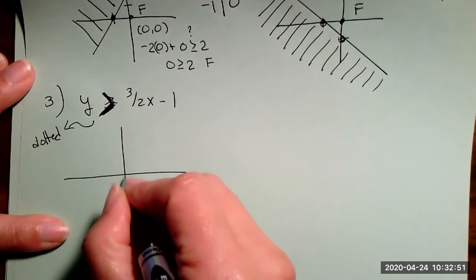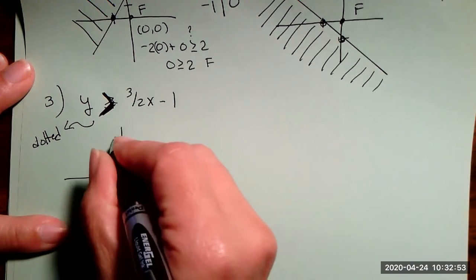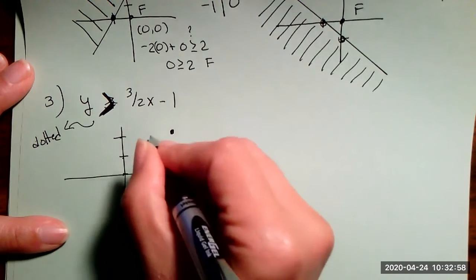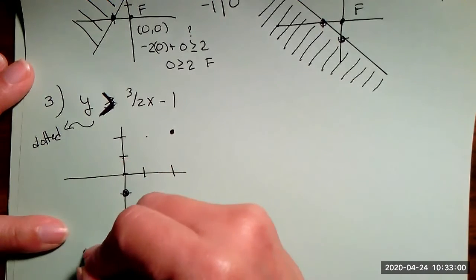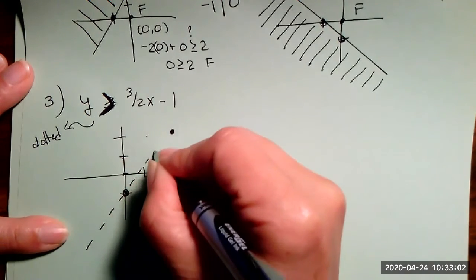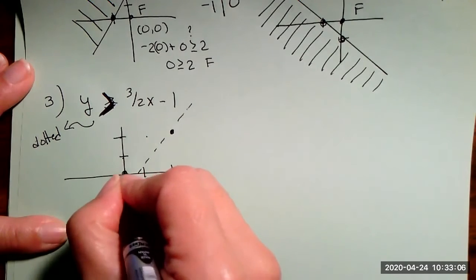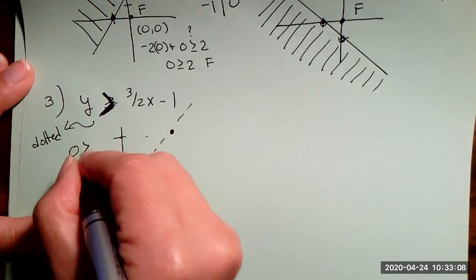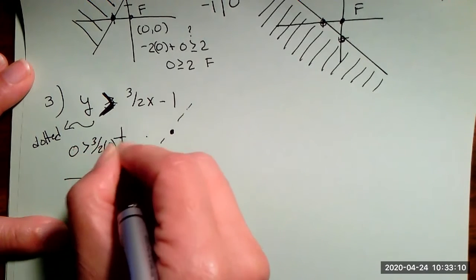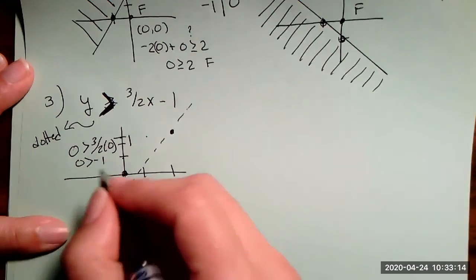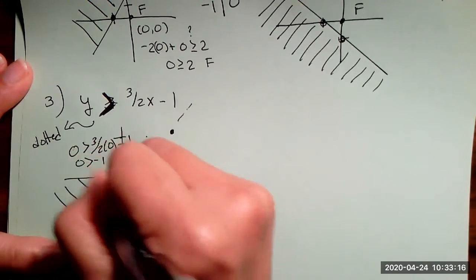I'm going to plot -1, go up 1, 2, 3 over 2. 1, 2, 3 over 2. This time when I make my line, I'm going to make it dotted. That's it. Still going to test a point. Still going to test 0, 0. So 0 greater than -1? Yes, it is. So this side gets shaded.